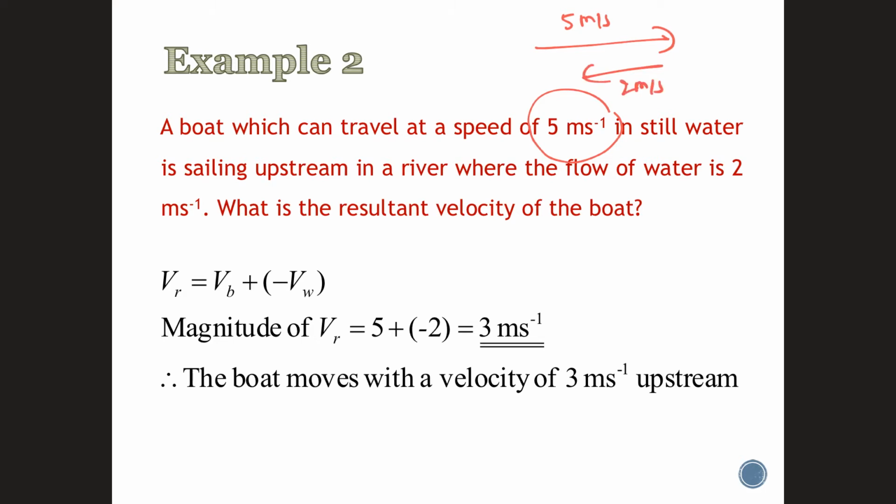So you can just put it as a minus because it's moving in a different direction. One is to the right, another one is to the left, then you get 3 meters per second. Then you need to mention the direction, because you get positive here, it means it's moving in the positive x direction.